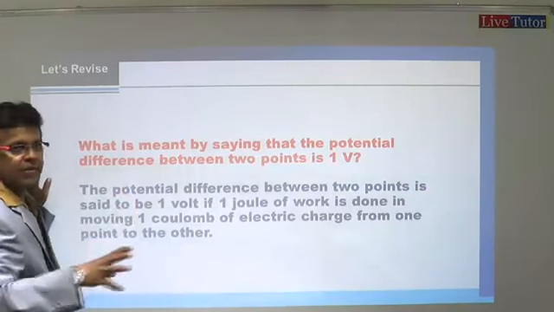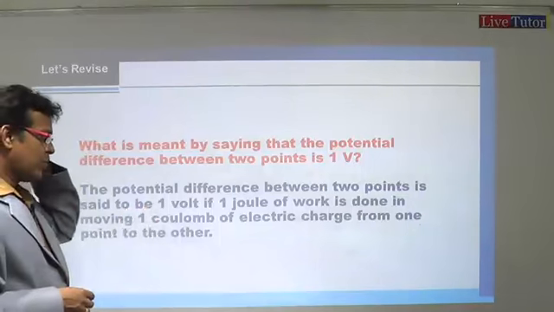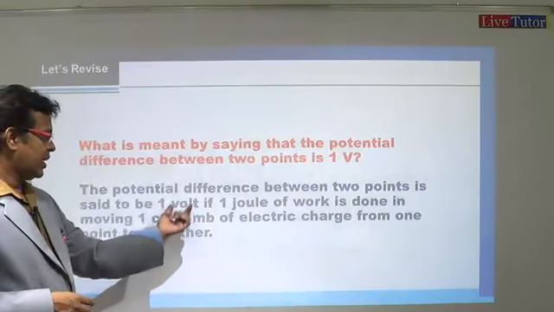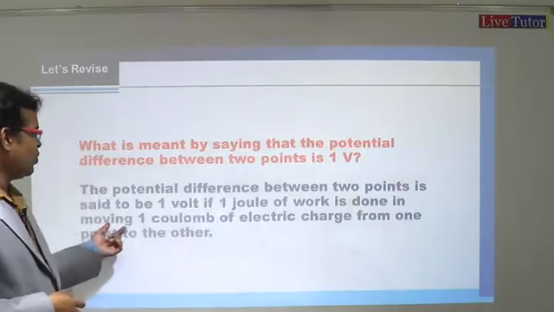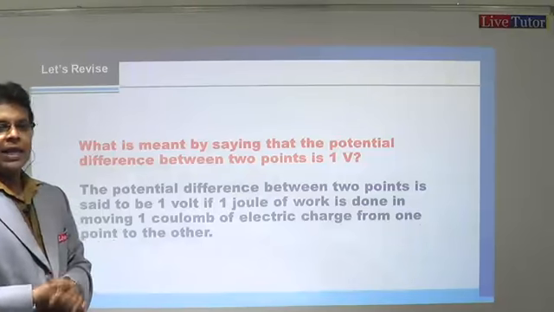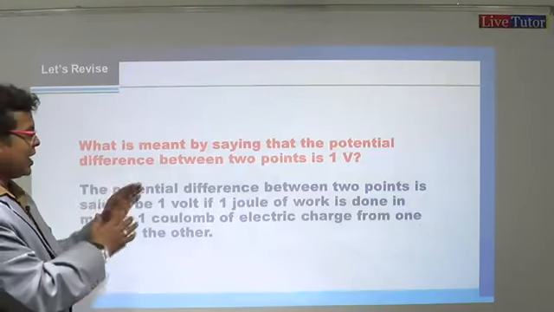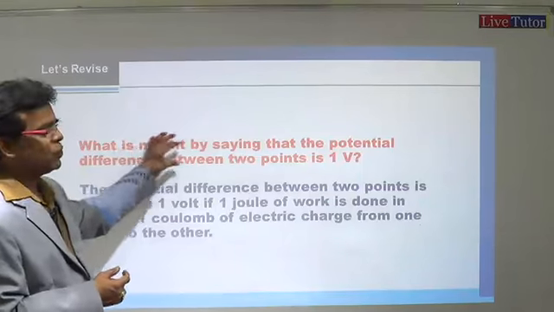So the potential difference between 2 points is said to be 1 volt. What is the question? The same thing. If 1 joule of work is done in moving 1 coulomb of electric charge from one point to the other point. Actually, can you understand what the question should be? Can you put it in a nutshell instead of 2 lines?